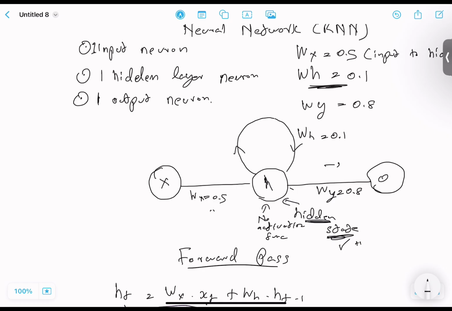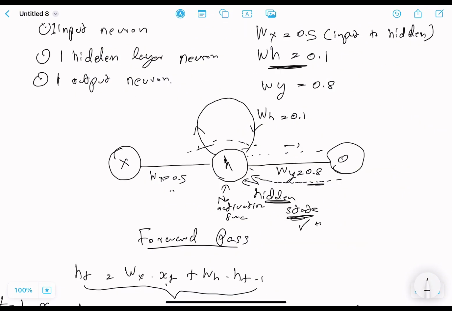In normal traditional neural networks, we forward pass one input, and after that we do a backpropagation and adjust the weights. That's how we do it in a traditional neural network. The same concepts apply for these RNN networks as well.